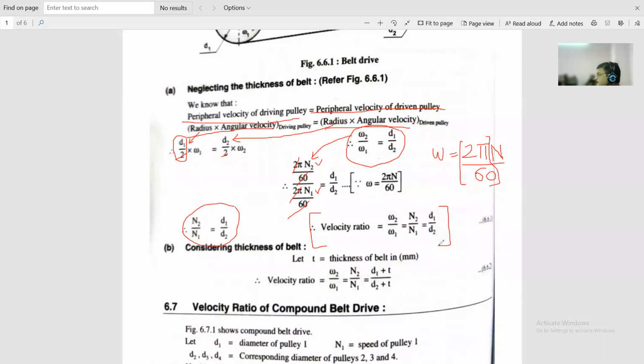And here also the same thing is there. Omega or RPM are inversely proportional to the diameter.